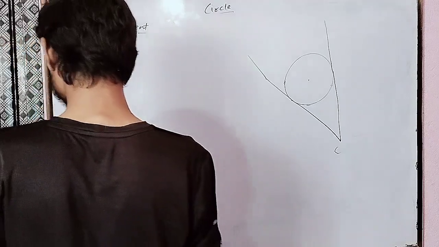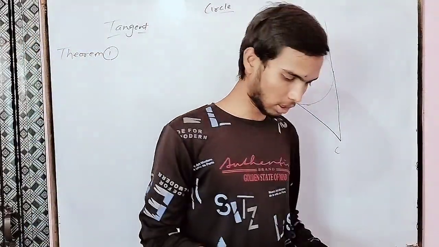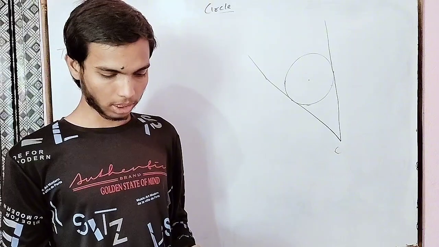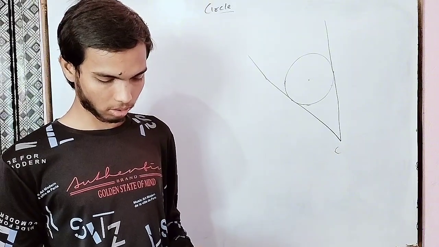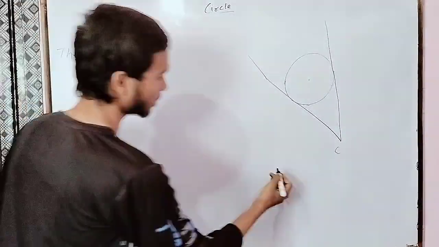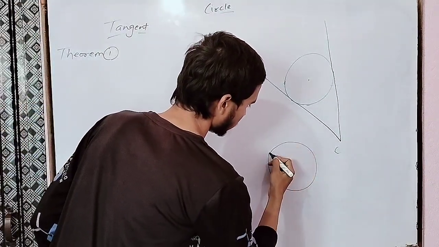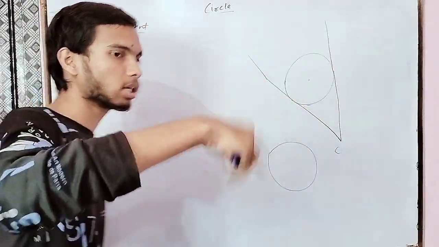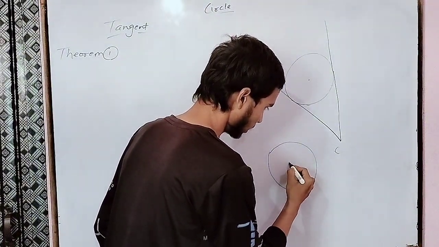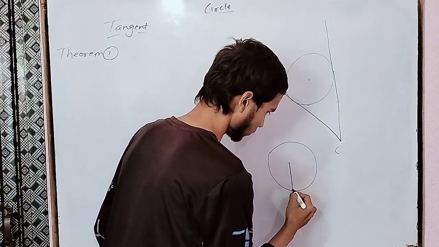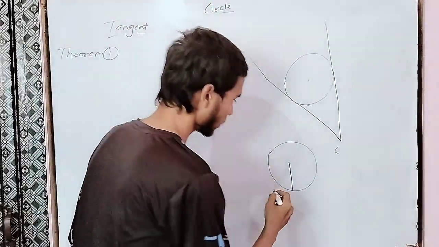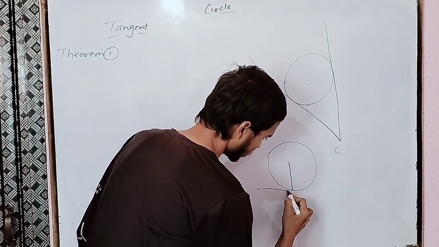Theorem number 1 says the tangent at any point of a circle is perpendicular to the radius through the point of contact. This is a circle and a line which is coming from the center and lies on the circumference at any point. Clear? At any point, and there is a tangent.